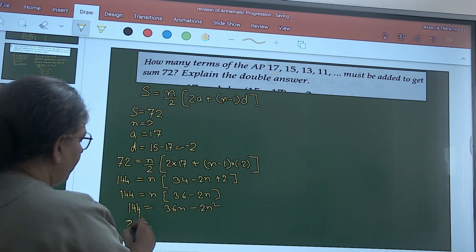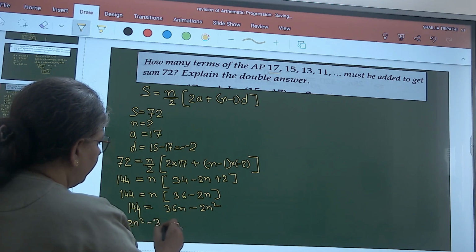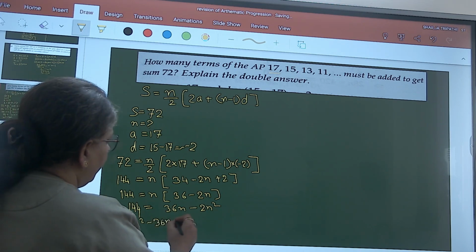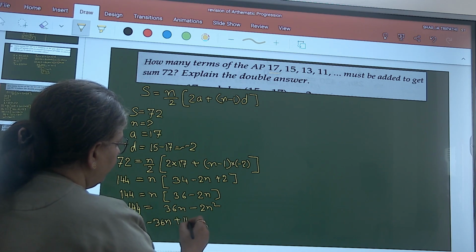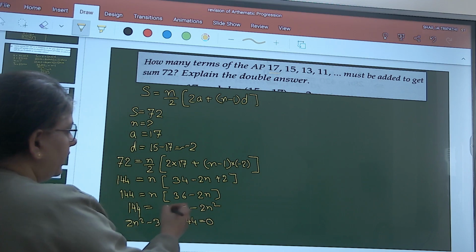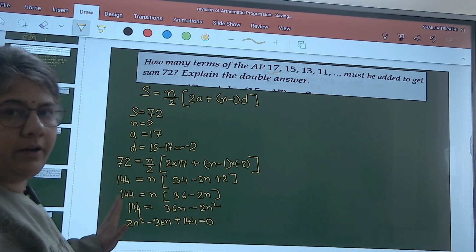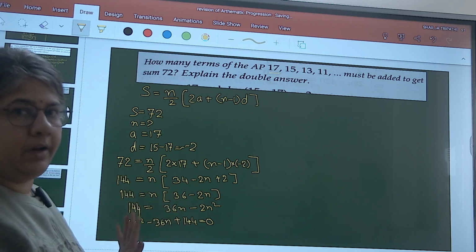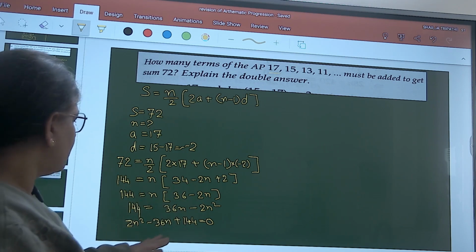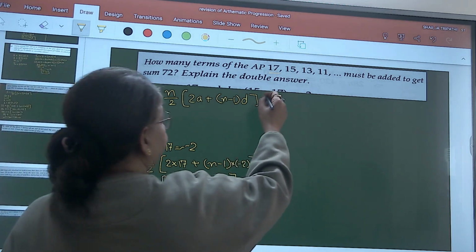So we get 2n square minus 36n plus 144 is equal to 0. So both these terms on the right side are transposed to the left side. And now we'll solve this quadratic equation to find the value of n.